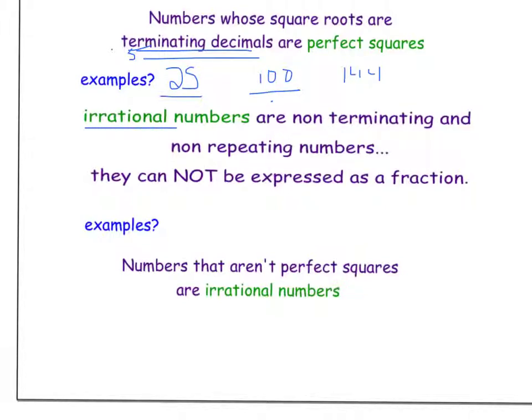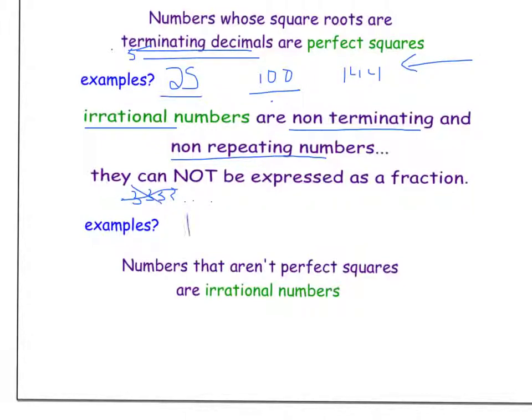Irrational numbers happen to be non-terminating and non-repeating numbers. So here these terminate. Irrational numbers do not terminate, do not end, and they don't repeat. So you cannot have 0.3333, etc. That is not an irrational number.